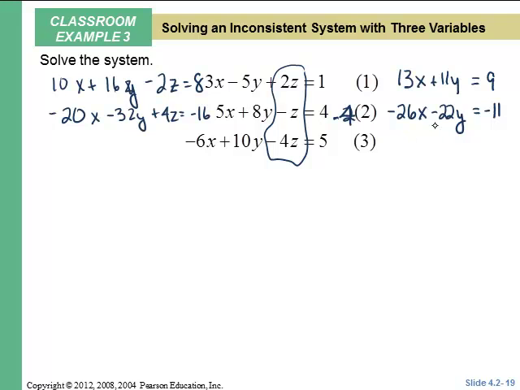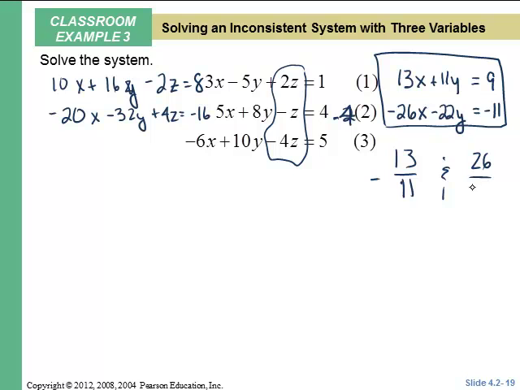All right, if you notice, these two equations have the same slope, negative 13 over 11 and negative 26 over 22, which simplifies down to the same thing. Since they have the same slope and different intercepts, those two are parallel.